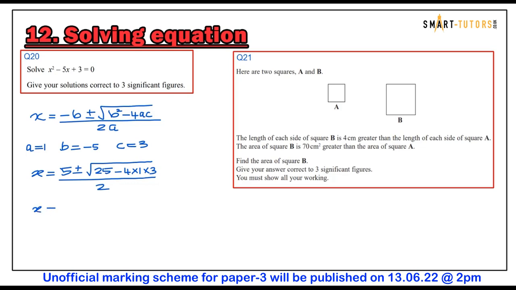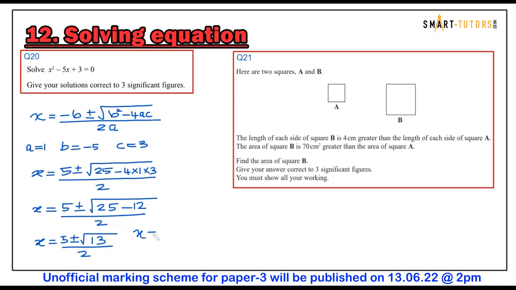So x equals 5 plus or minus the square root of 25 minus 12, over 2. So x equals 5 plus or minus the square root of 13 over 2. So that is the answer.